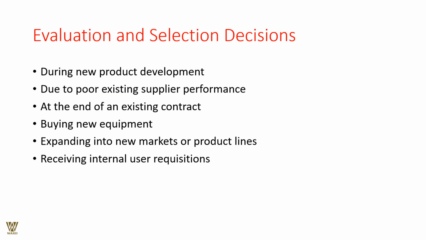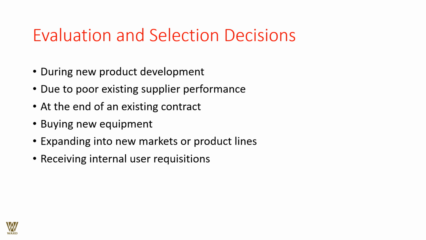Evaluation and selection decision during the NPD, or new product development. This is where the supplier plays a vital role to assist you in enhancing the profitability of your company. Another case is poor existing supplier performance. You have a long-term agreement, but certain operational issues might creep in, so you need to change your supplier.